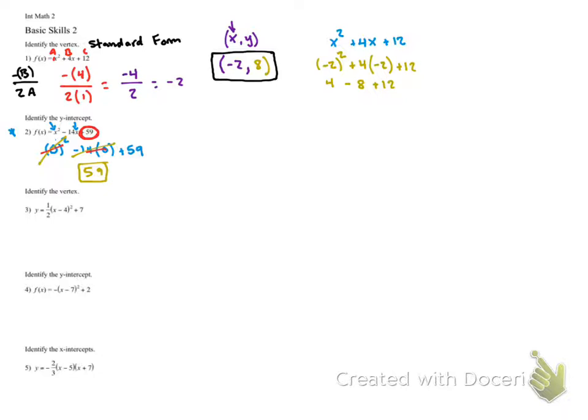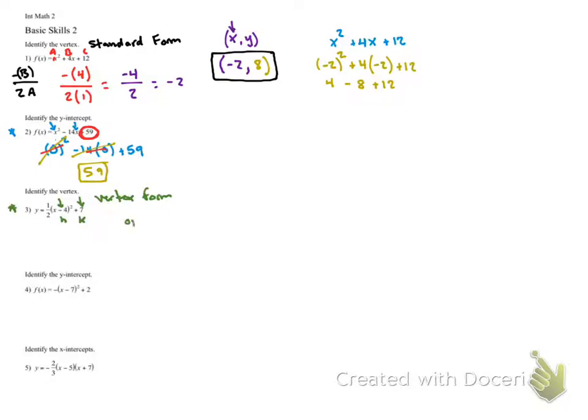Number 3, identify the vertex. So vertex, we got to figure out what form this is in first, and it is in vertex form. Vertex form gives us the vertex without doing any work. The 2 numbers that we look at, that one and that one. This is h, this is k.